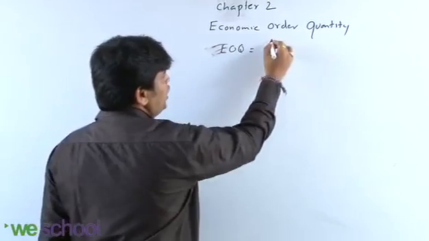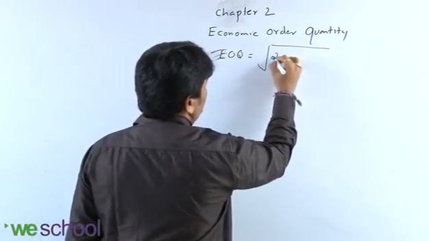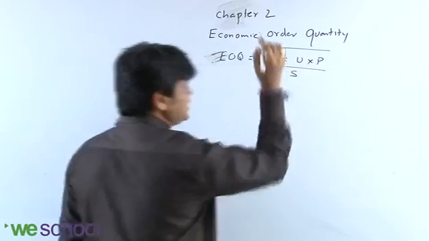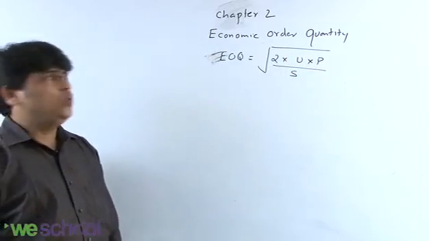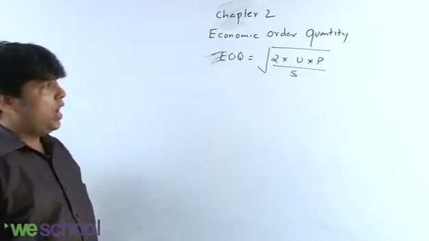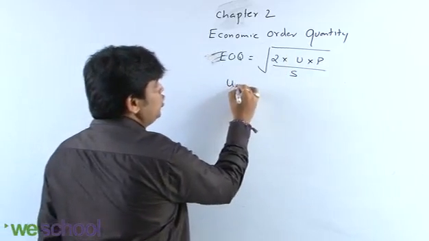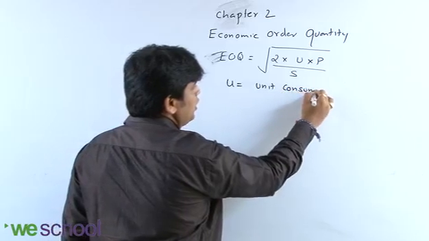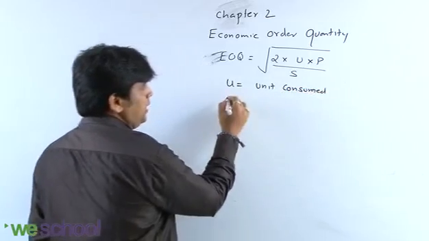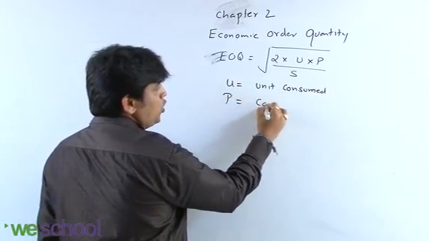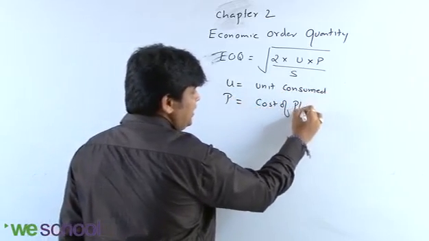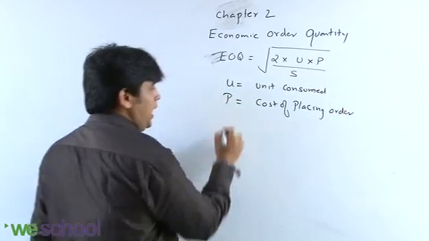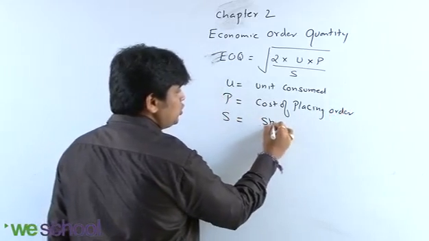The formula for EOQ is the square root of 2 into U into P upon S, where U stands for units consumed during the production, P stands for cost of placing the order, and S stands for storage cost.